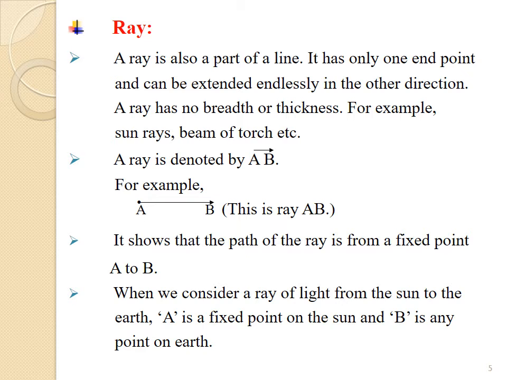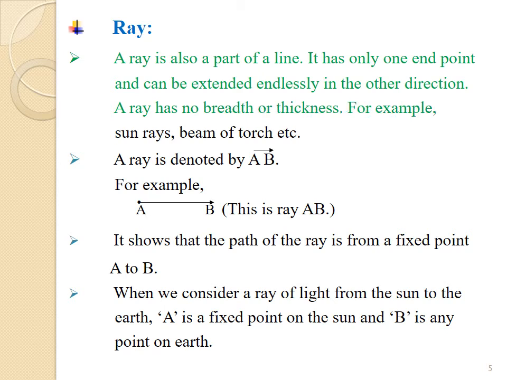Ray. A ray is also a part of a line. It has only one endpoint and can be extended endlessly in the other direction. A ray has no breadth or thickness.